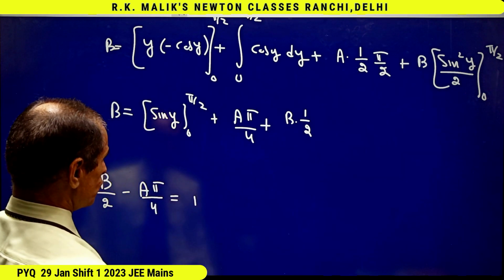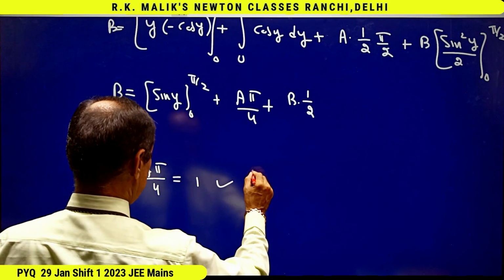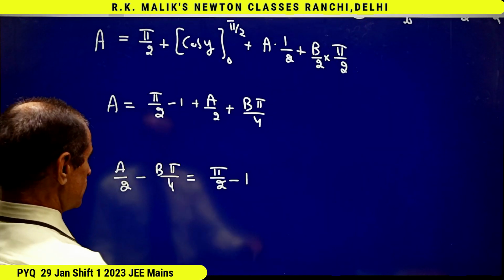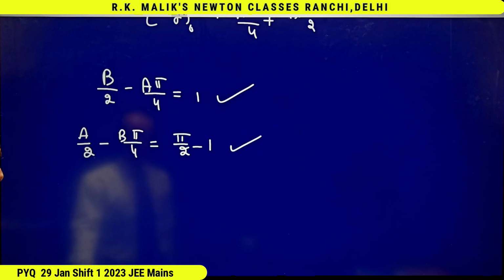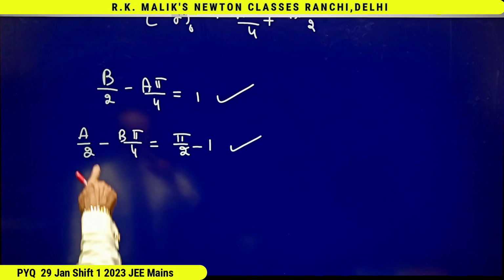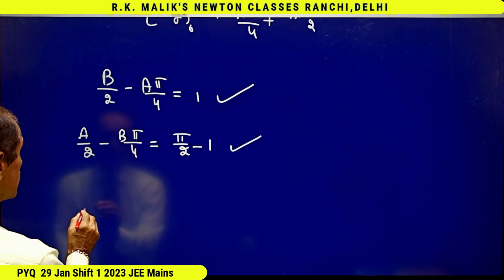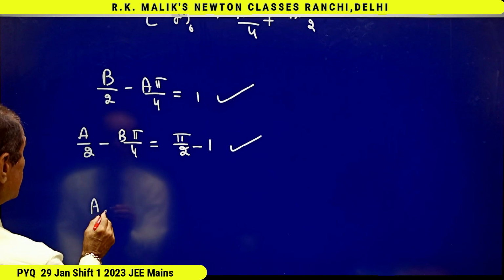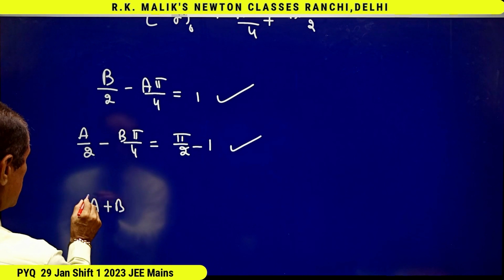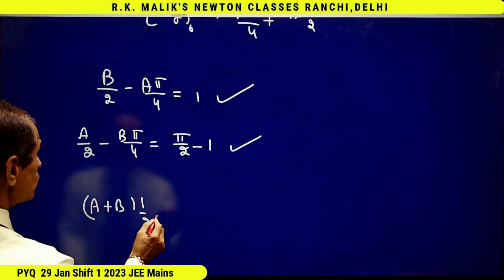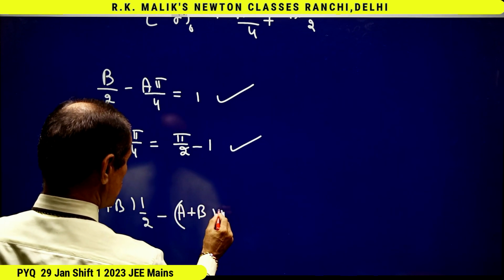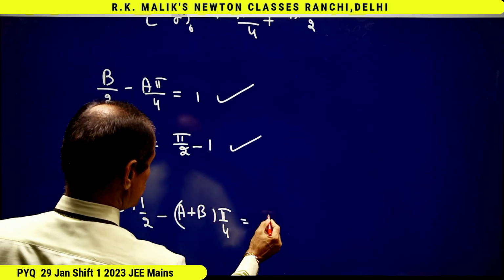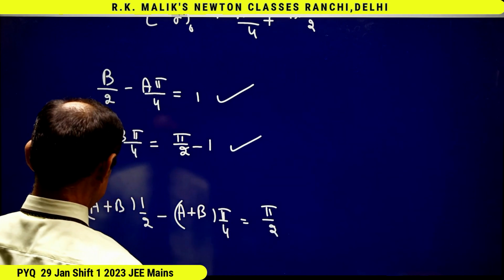equal to 1. That is one relation I have got is this, and another relation I got was this. And from these two relations it is easy to observe that if I add the two I will be getting a plus b into 1 by 2 minus a plus b into pi by 4 equal to pi by 2.